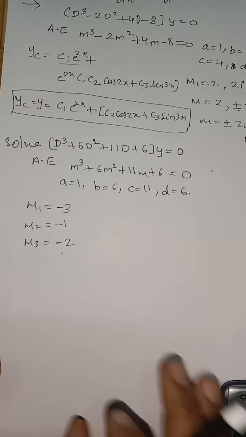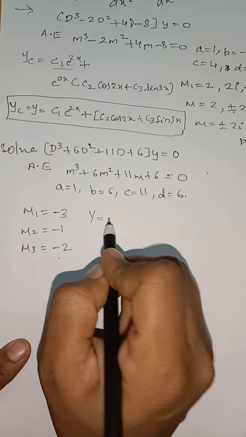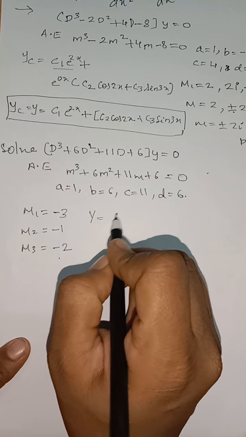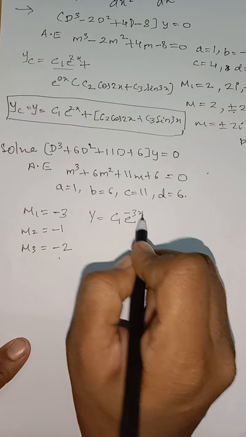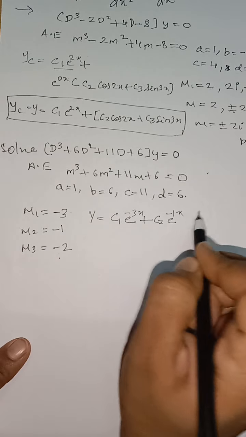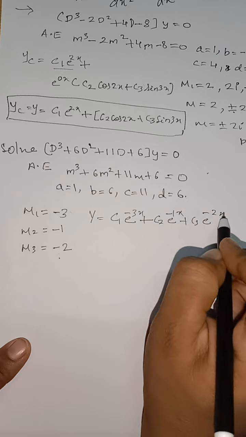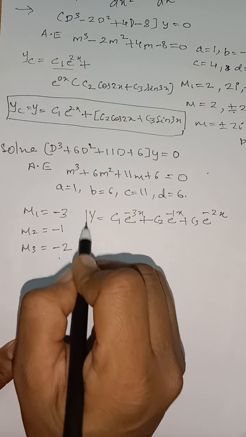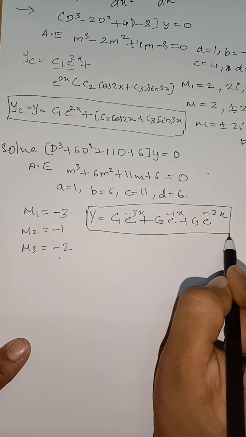Therefore, the complementary function with respect to these particular roots, yc, is given as c1 into e raised to minus 3x plus c2 into e raised to minus 1x plus c3 into e raised to minus 2x, and this is the required solution.